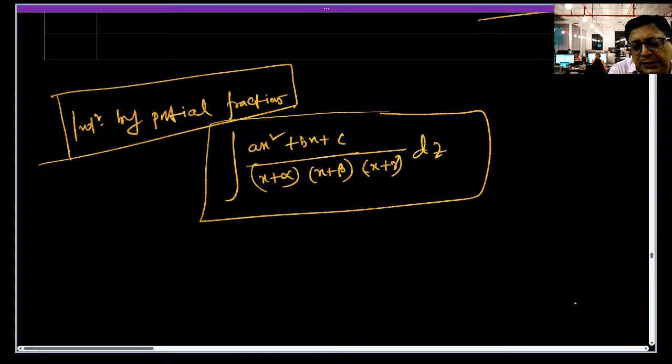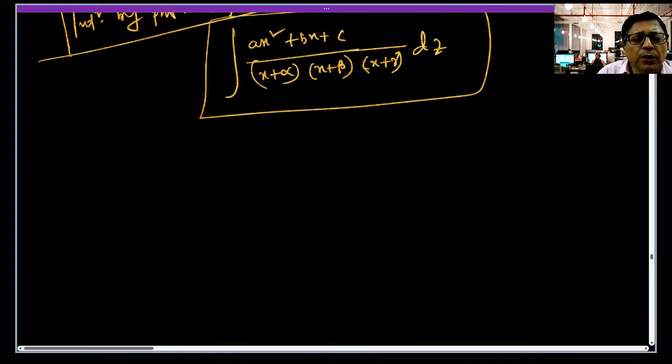You are aiming to write this one as a sum of 3 or more rational expressions, and then by comparison get their coefficients and then integrate. Before you apply partial fraction, you must check whether the polynomial in the numerator has index less than the denominator.